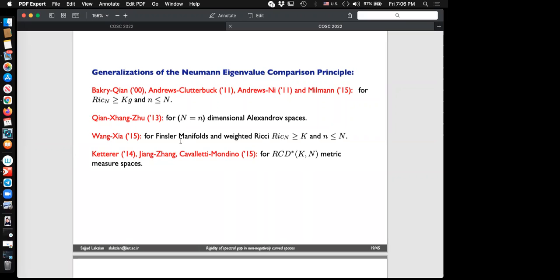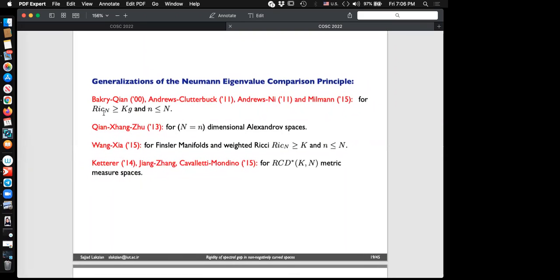So, well, we can put it in the category as well. But it's very different from the other things that appear here. It's not easy. It has a very nonlinear nature that differentiates it from the other things that you see in this slide. But basically the same comparison principle holds in these less regular spaces or settings.